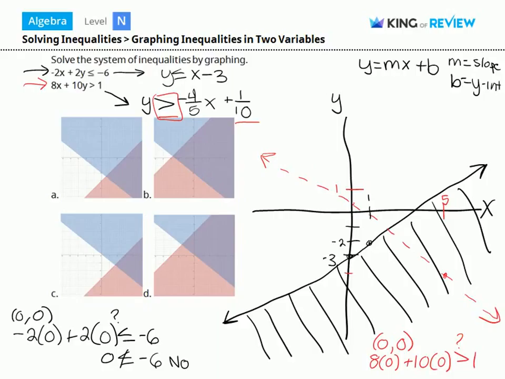When we solve, we get 0 is greater than 1. Is this true? No, this is not true. Therefore, we know that 0, 0 is not in the solution set. So we'll shade the side of the line that does not include the point 0, 0. So we'll shade up like this.